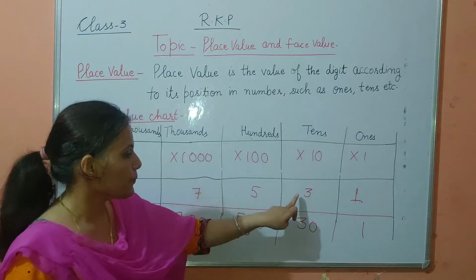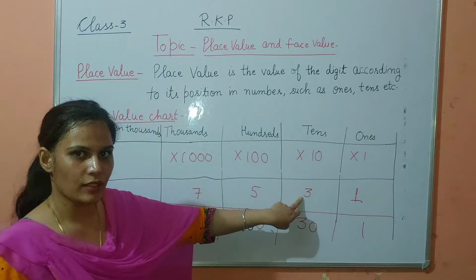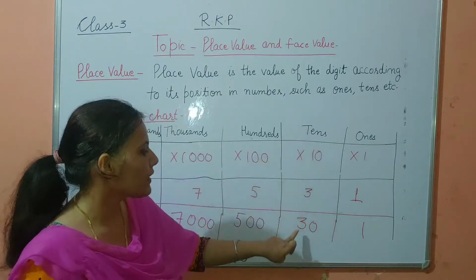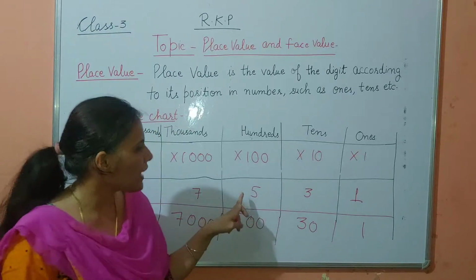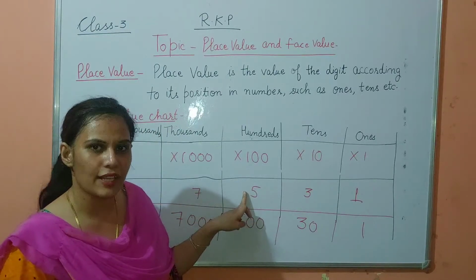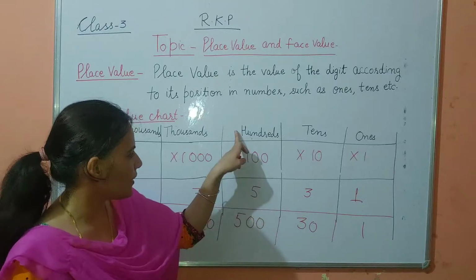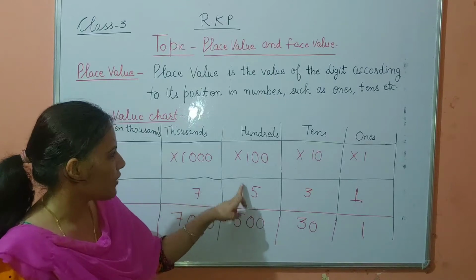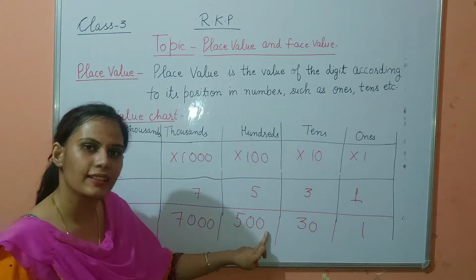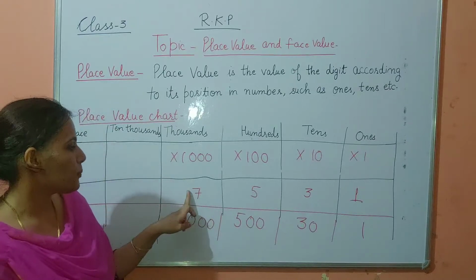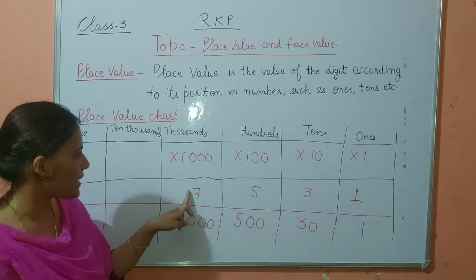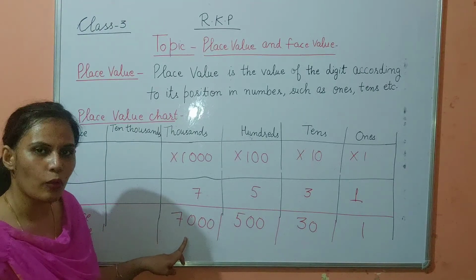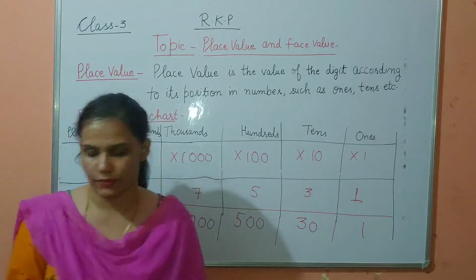If I ask the place value of 3, what will it be? Either say 3 tens or you can say 30. If I ask you the place value of 5, what will you say? 500. If I say the place value of 7, you can say 7,000, like this. So students, hope this will clear you.